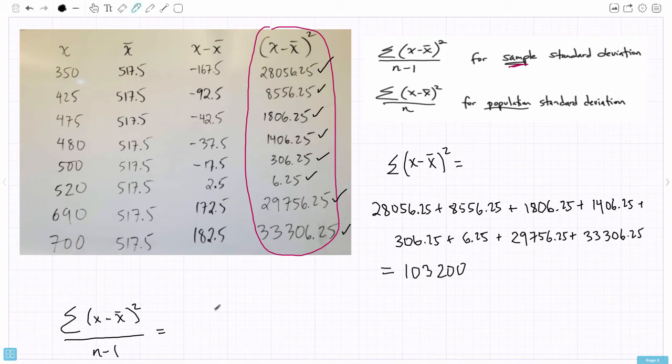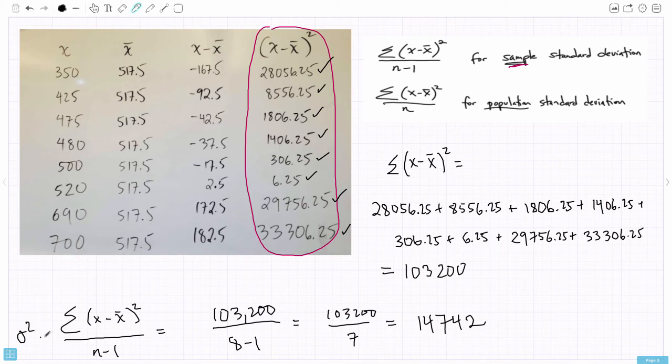That's 103,200 divided by, we've got 1, 2, 3, 4, 5, 6, 7, 8 values. So this will be 8 minus 1, 103,200. Divide that by 7, and you get 14,742. Now, this is the standard deviation squared.